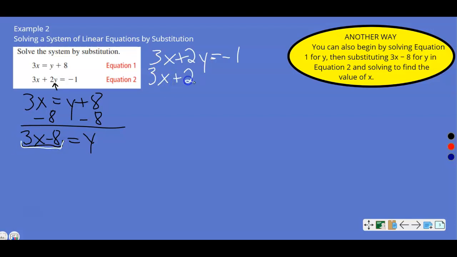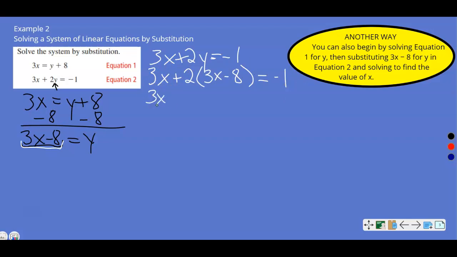So now we're going to have 3x plus 2 times 3x minus 8 equals negative 1. What that does is eliminate one of the variables, because we substituted this in place of y, and this is in terms of x. Now we have an x and an x. When you only have one variable, now you can find what that variable is equal to.